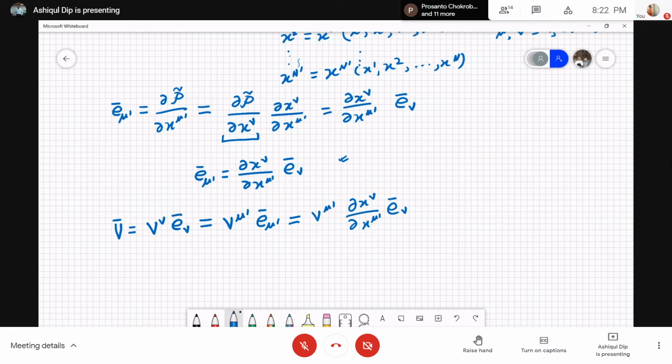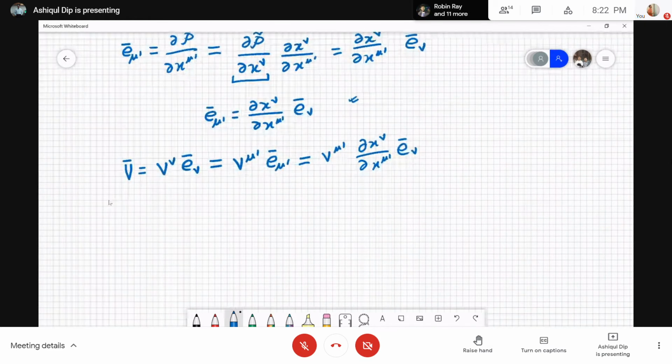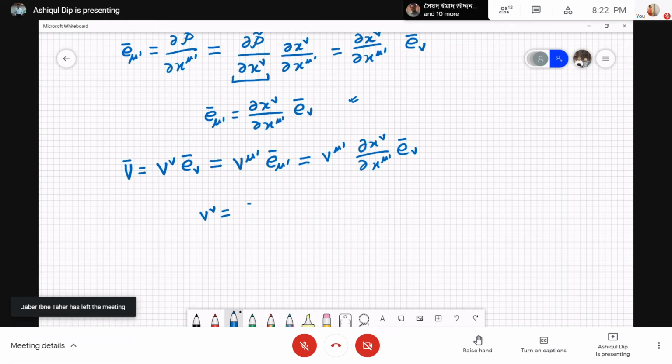From this relation, what can we conclude? V mu is equal to the derivative matrix times V mu prime. I'm going to write the derivative, the matrix, first, then the other part. But I want to write V mu prime, not V nu.